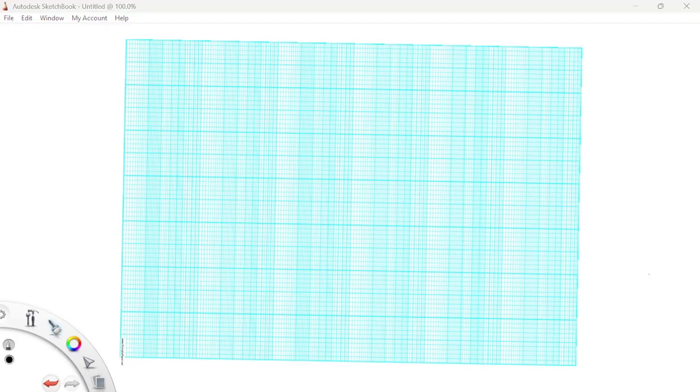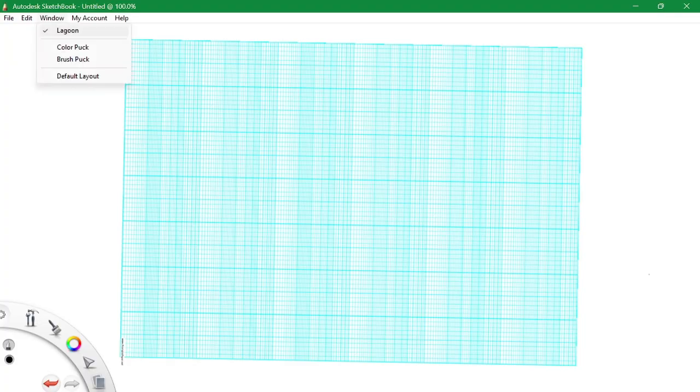If you look at it, you can see that. I want to get rid of this. So down here in the corner is your watermark, in the lower left-hand corner.